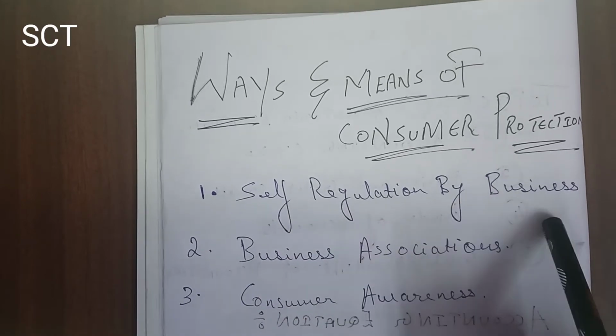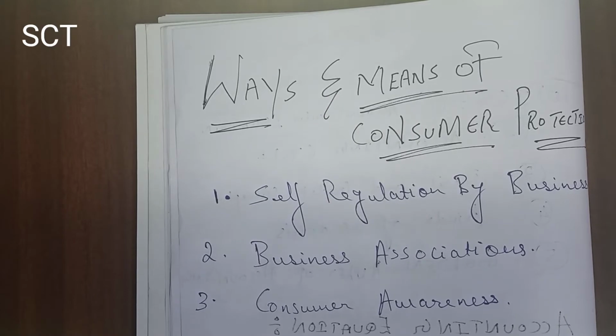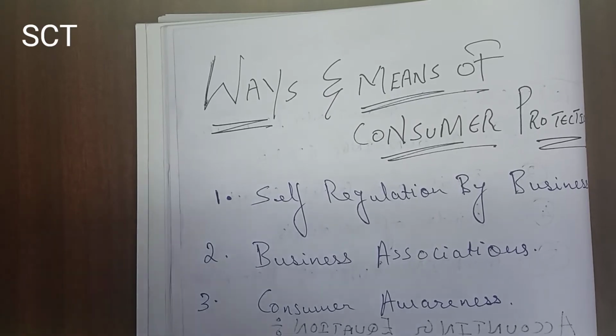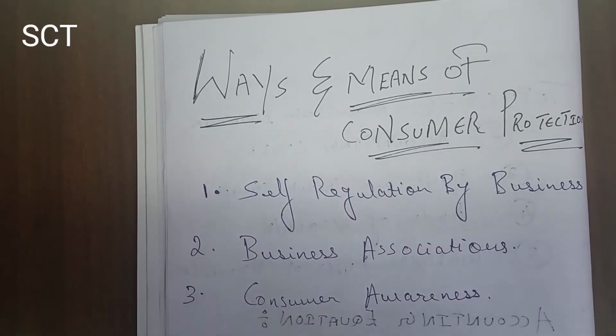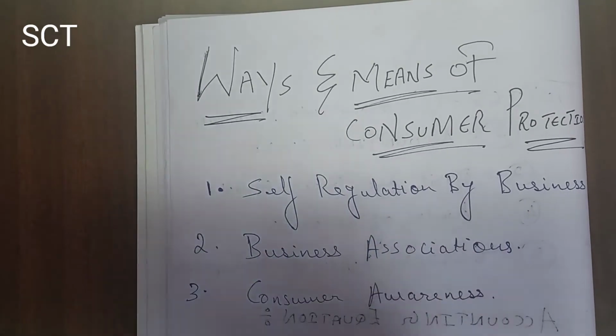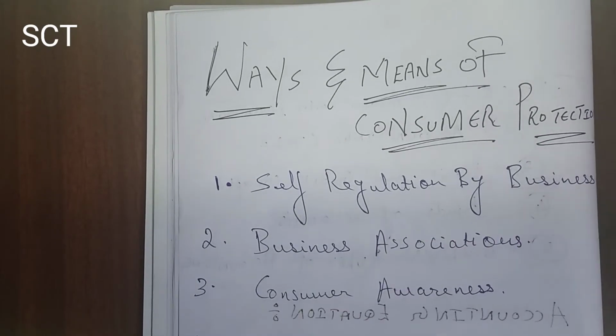Self-regulation by business. This is the first way by which the consumer can be protected against exploitation. According to this point, enlightened business firms realize that it is very important to satisfy customers for their long term benefit.